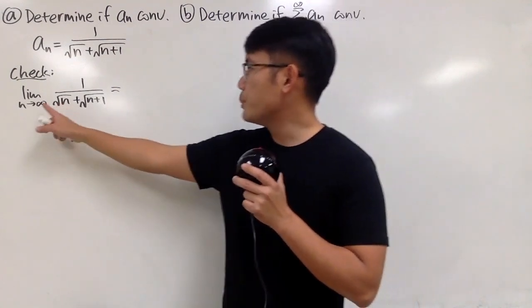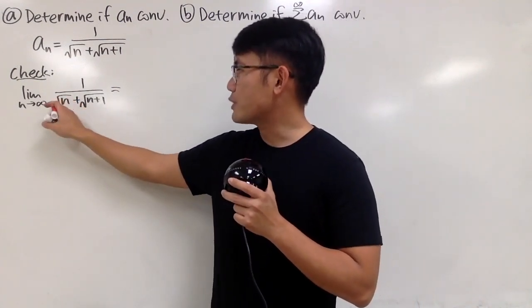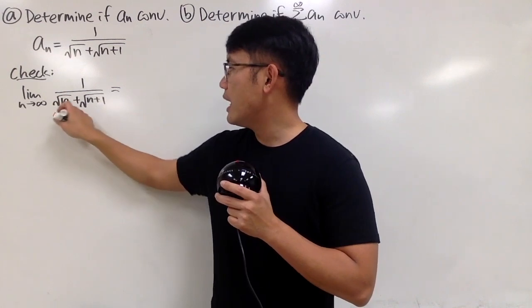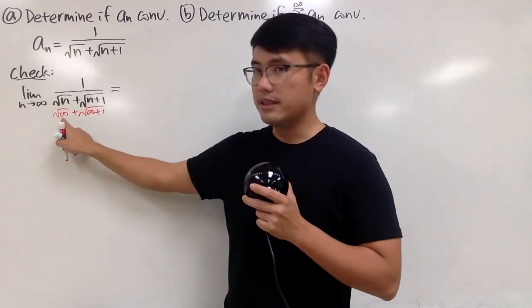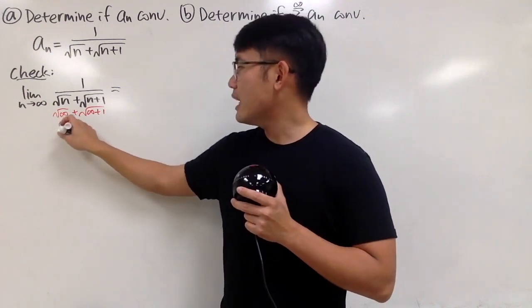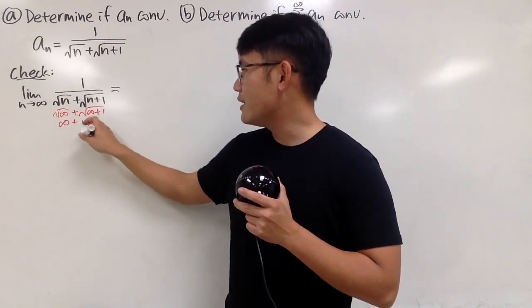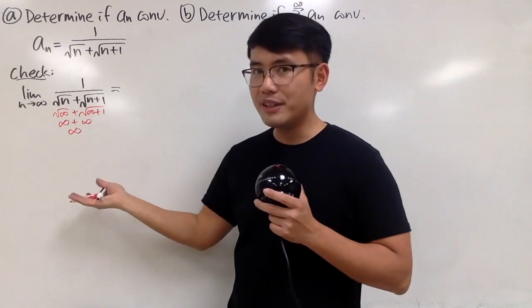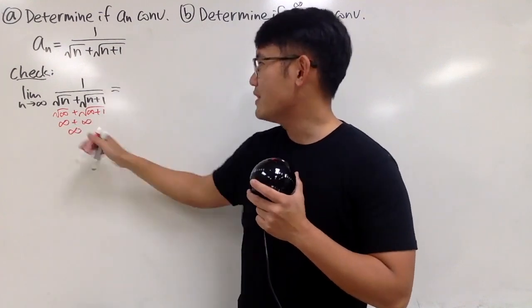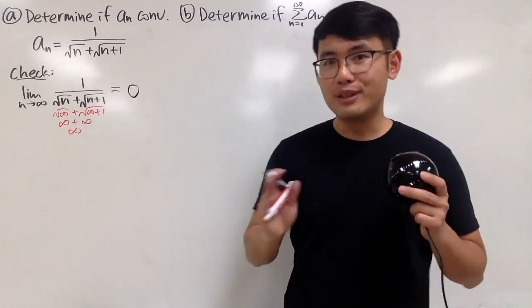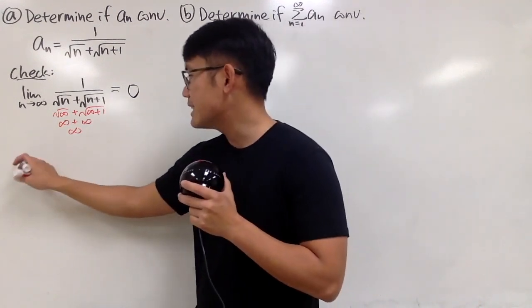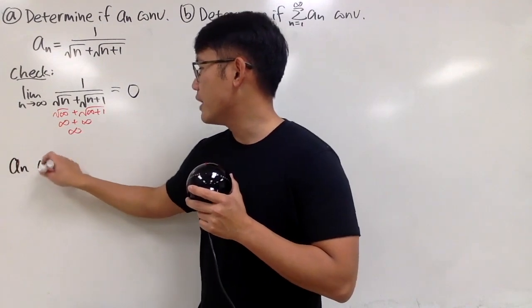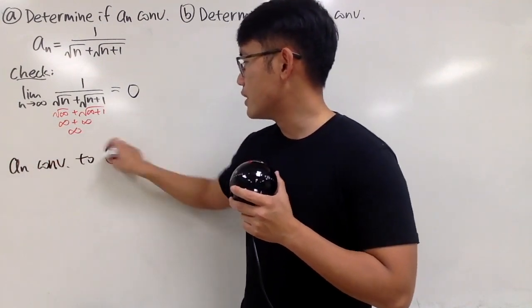When we put infinity in here, we have square root of infinity added with square root of infinity plus 1. This is still infinity, plus this is also still infinity. Infinity plus infinity is still infinity. All in all, we have 1 over infinity. Therefore, the answer is 0, which is very nice. And then, of course, we can say that a_n does converge, and it converges to 0.